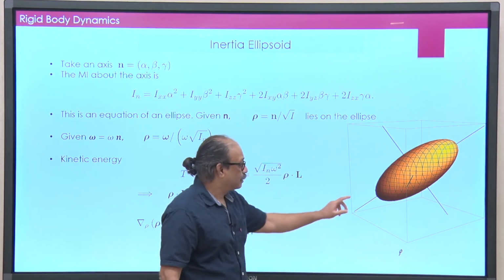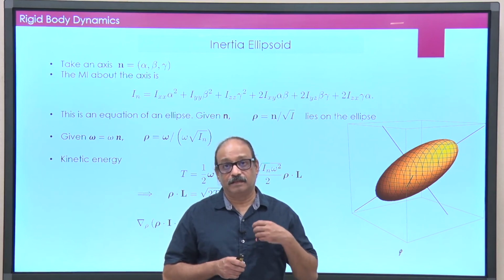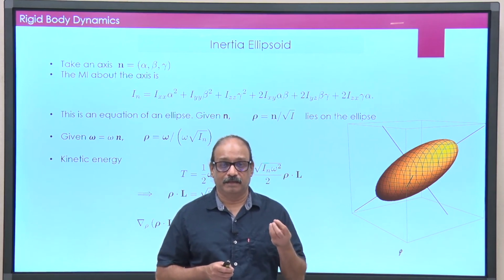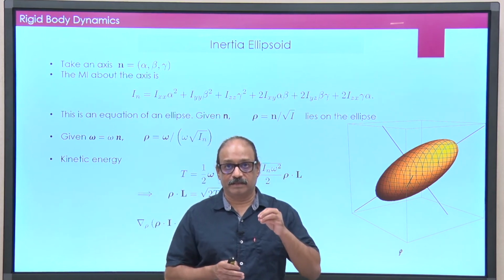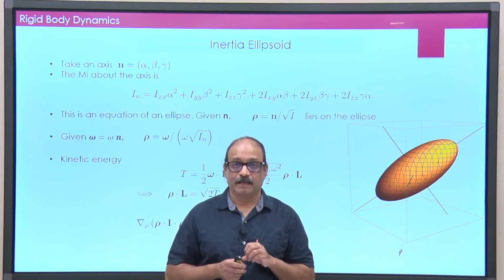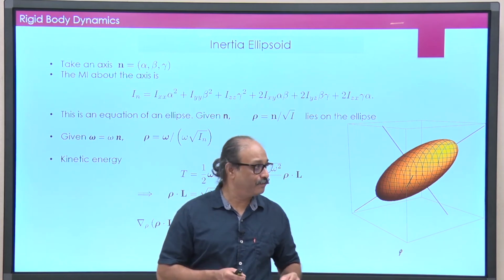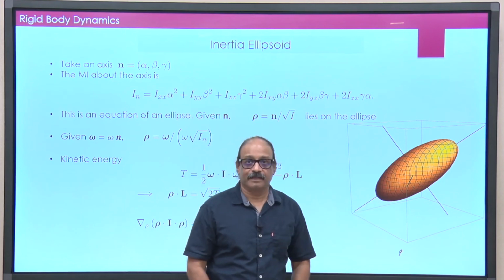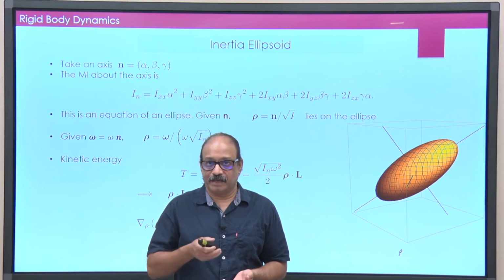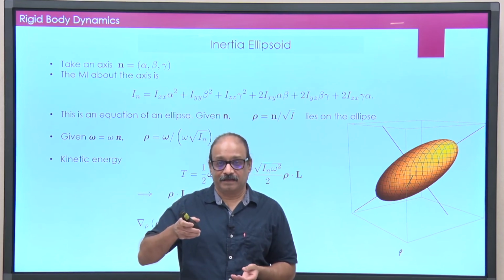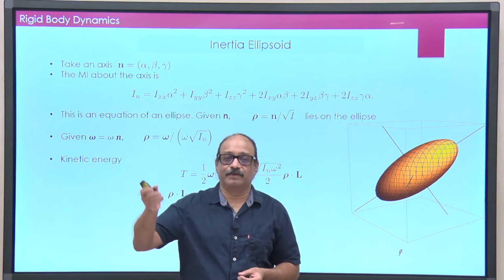This is one. What would happen if I take, for example, the very first example where the cube was centered at origin? All 3 principal moments were the same. What would you get as an inertia ellipsoid? That would just be a sphere, and if it is a sphere, you take omega in any direction and look at the normal to the surface of the sphere, they will always be parallel.